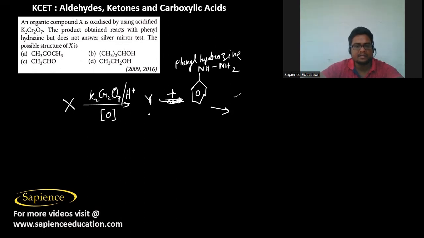It means that this product Y which is formed does not react with Tollens reagent. So here silver mirror is not formed.